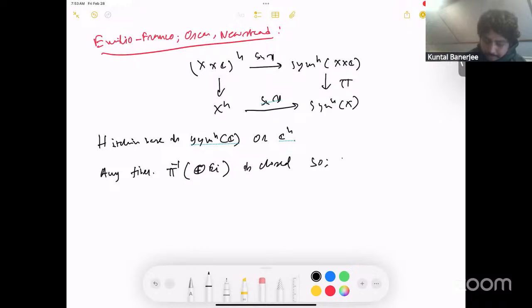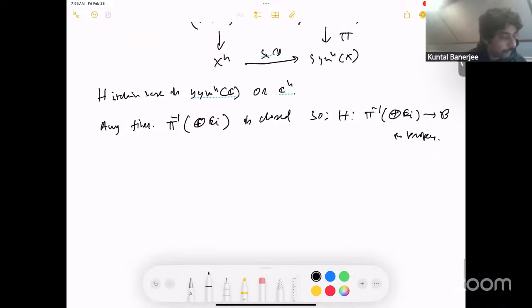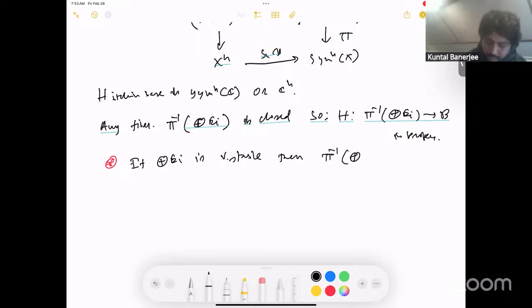So the restriction of the Hitchin morphism is proper, even if it is not very stable. It works for the wobbly points also. But in particular, there is one interesting feature about the very stable points: if some E_i is very stable, then this fiber has a vector space structure.